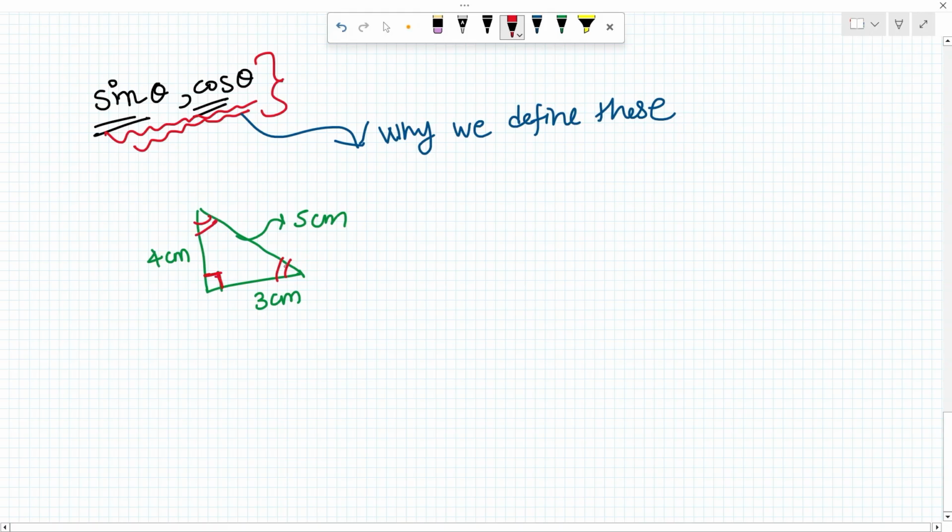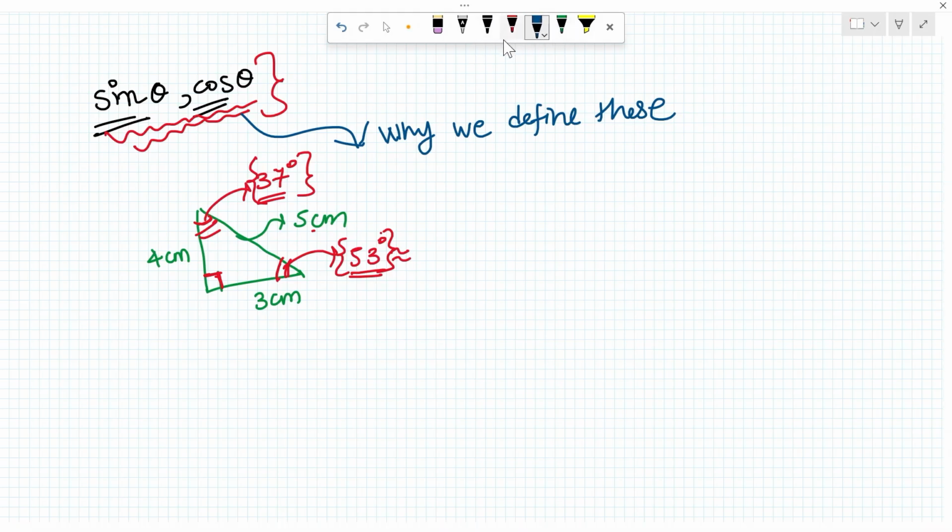I found out that this angle is approximately 53 degrees, it's not exact, and this angle is 37 degrees. Now, this is the most important part.